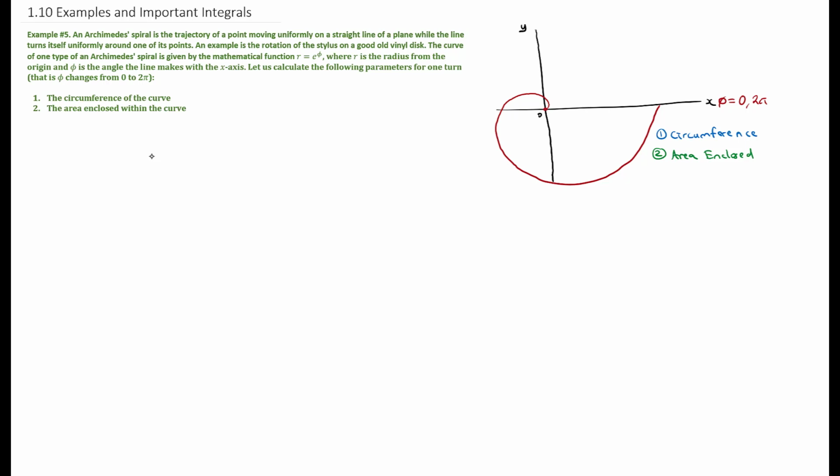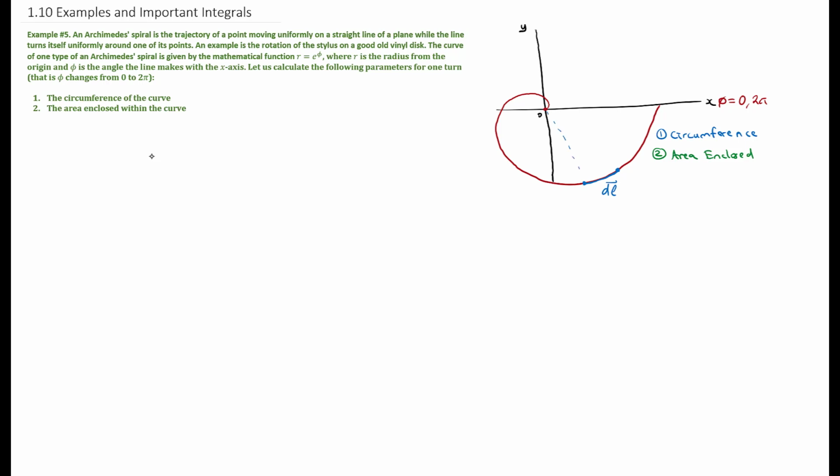So in terms of the approach, let's quickly think about how we would go about solving this. For the circumference in blue, it makes sense that we're going to break up the path taken into tiny little pieces. So it could make sense that we consider this a differential length element.